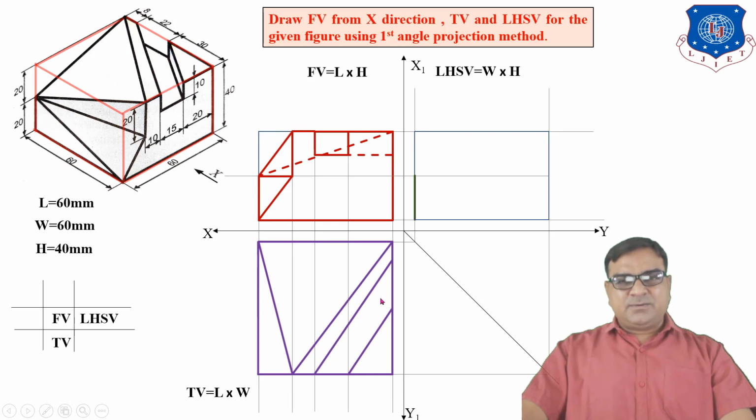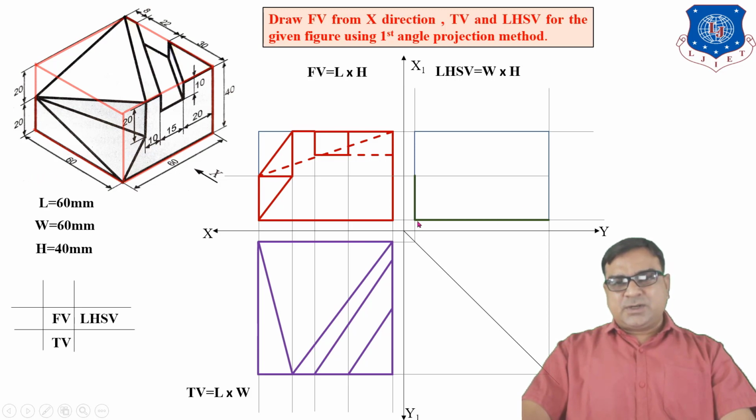Now for the side view, we are using 45 degrees. Take a horizontal projection line from every corner of the top view, then a vertical line, and the horizontal line from the front. So you are using the left hand side view. This is the position for the left hand side view.